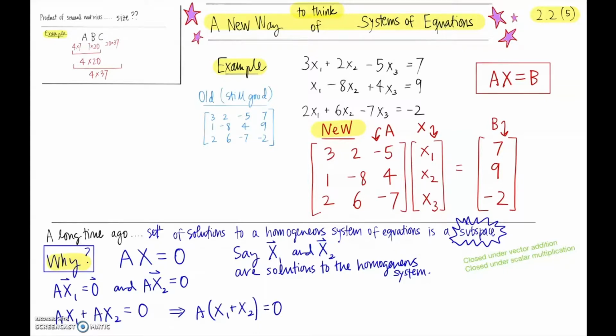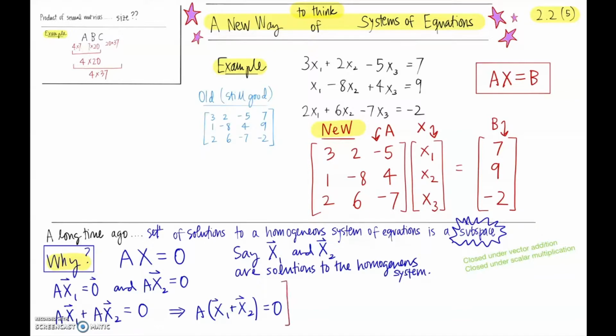Okay, if the matrix of coefficients times some other vector here, these are all vectors, of course, but this is a new vector. It's a new vector, but it also happens to be a solution to the system, because A times this thing equals 0.